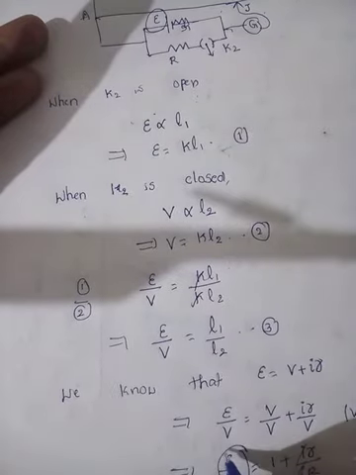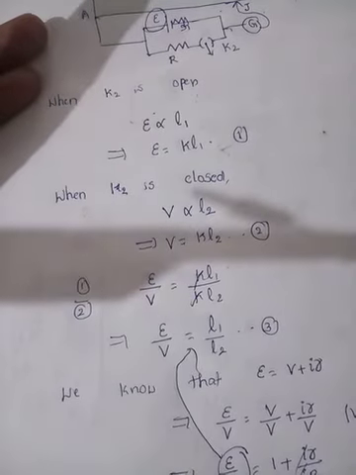What is E by V here? We have it from equation 3, so we can substitute: 1 plus r by R is equal to L1 by L2.